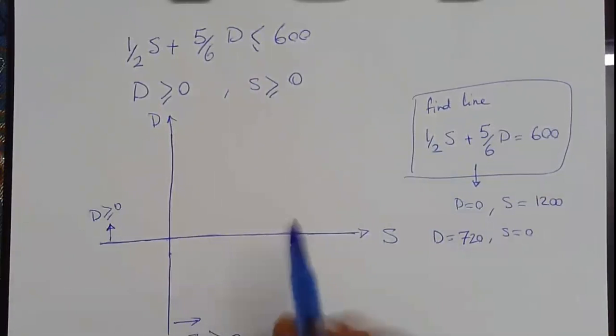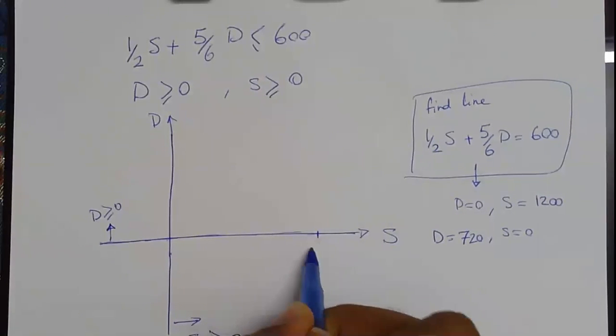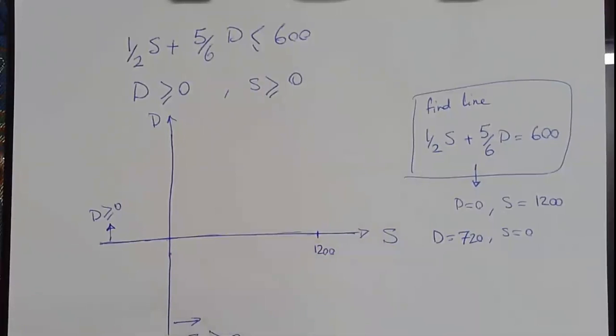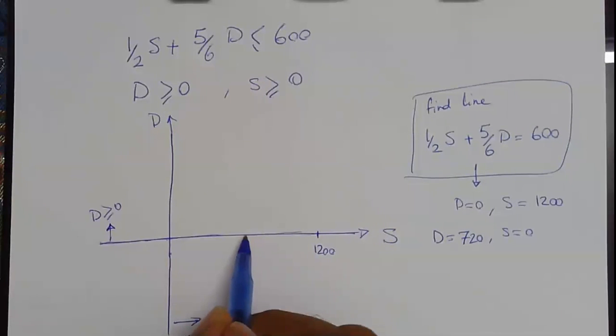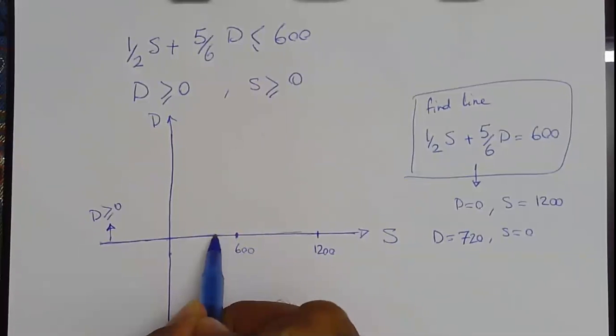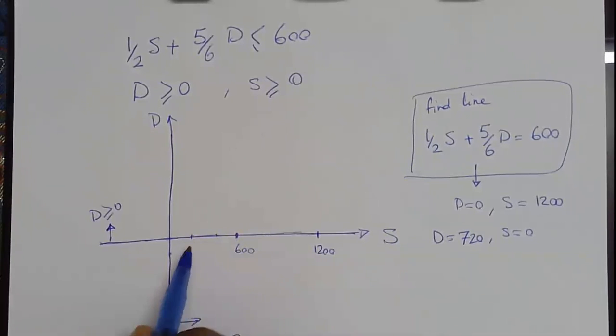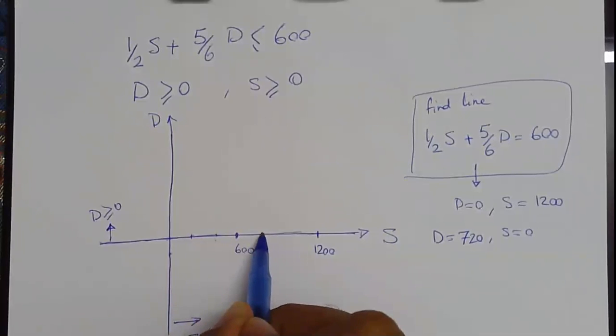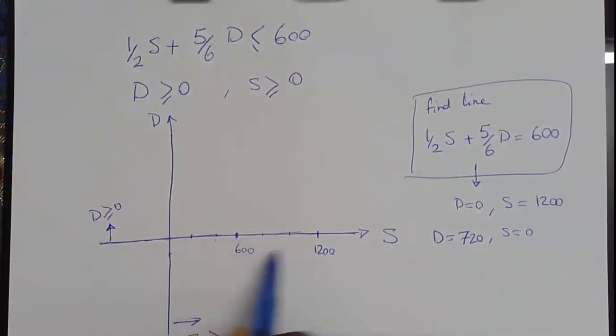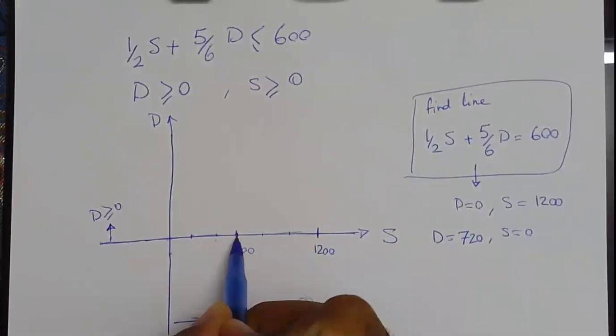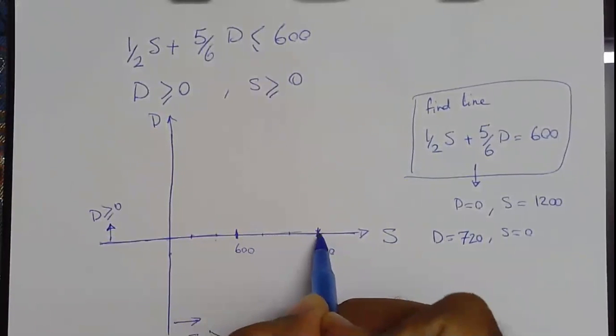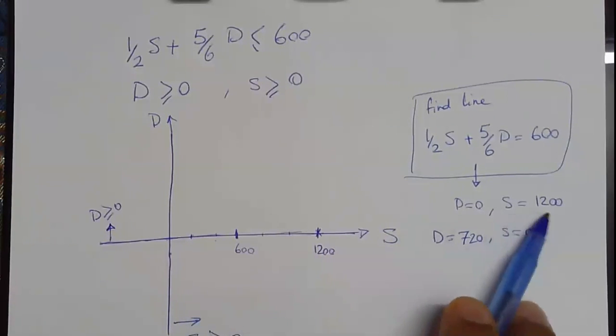So for S, I'm just going to assume it's here, and then let's say 200, 400, 600, 800, 1000, and 1200. So this is my point 1.